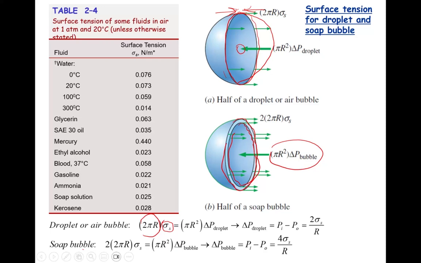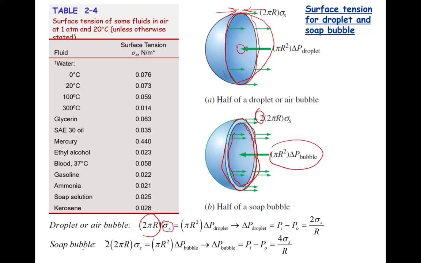So the difference between a bubble and a droplet is that there is no surface inside the droplet, however there is another surface inside the bubble. Then the force on the bubble is doubled. That's why you see two in this case. One is outside, one is inside the bubble.